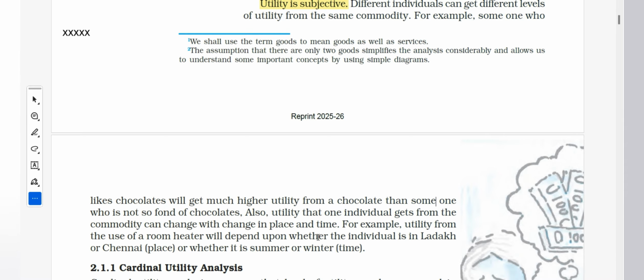So, for that person, the utility of one bottle is much higher. Do you understand? What we really mean to say is the fulfillment that that bottle is going to give is much higher to the Sahara guy. Alright?